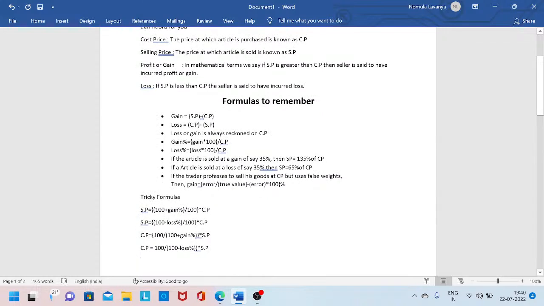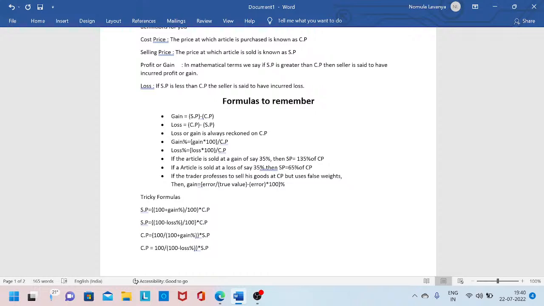So these are the very tricky ones. When a person sells two items, one at a gain of X percent and the other at a loss of X percent, then the seller always incurs a loss given by X squared by 100.